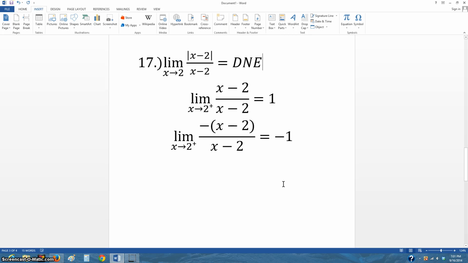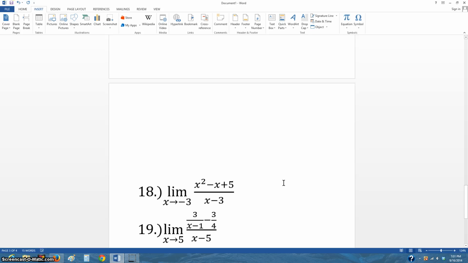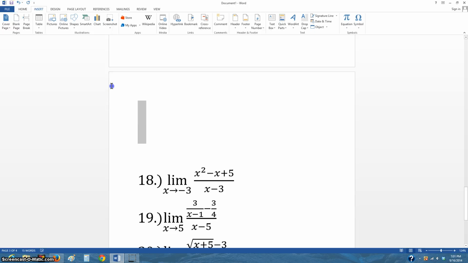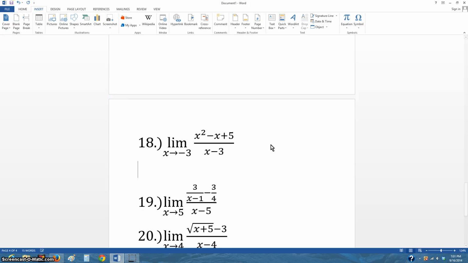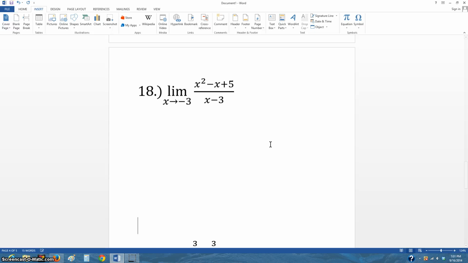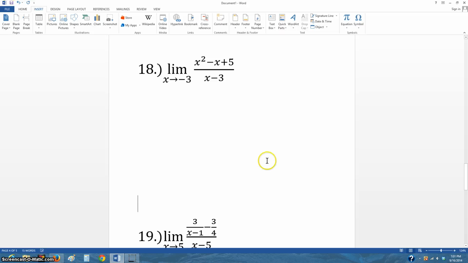Okay, so let's look at number 18. Eighteen says the limit of x squared minus x plus 5 over x minus 3. Let's see if direct substitution will work. Let's plug it into the bottom. Negative 3 minus 3. Will that give us division by 0? It won't, so therefore I can go ahead and direct substitute.